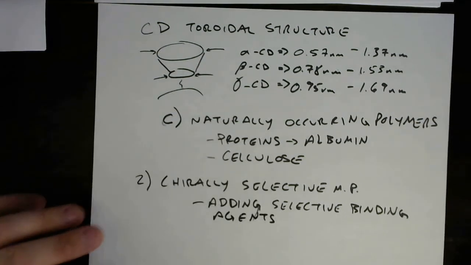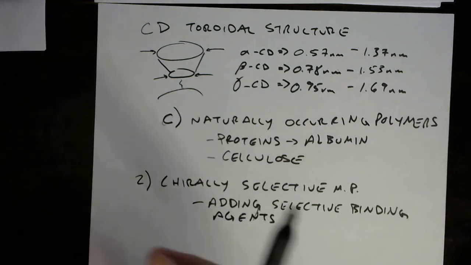Adding something to the mobile phase that will prefer binding to one of an enantiomeric pair over the other, and therefore it's going to push on the extraction equilibrium, right? It's going to basically use up preferentially one half of a pair of enantiomers, and so the equilibrium will be able to push more of those into the mobile phase.